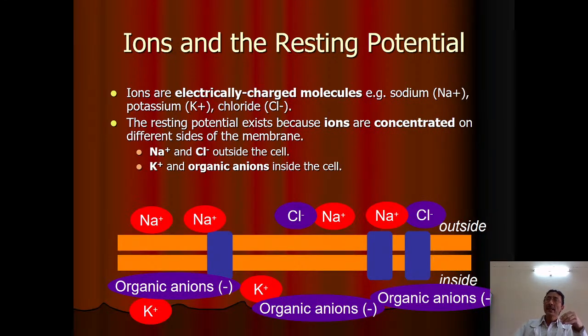That means the minus 70 millivolts potential is becoming less and less electronegative, and the potential will go from minus 70 to minus 40, minus 30, minus 20 and 0, and this will go on till it reaches a potential of, let's say, around plus 20 millivolts.